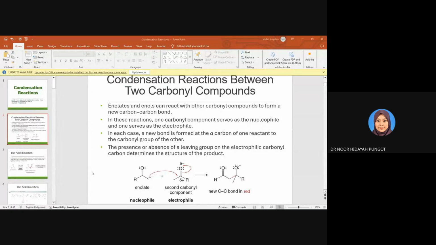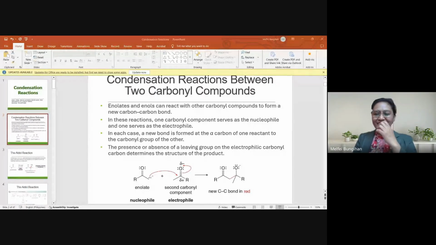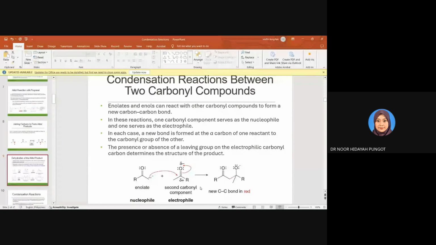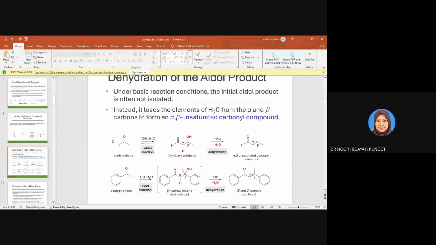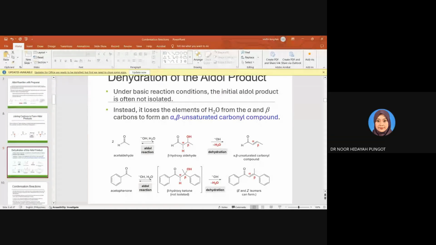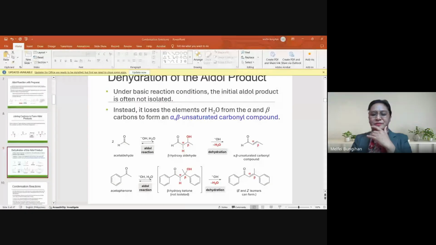Your slide is not moving. What slide is it, doctor? This is slide two. Slide 2? I'm already in slide 9. I'm so sorry. Let's move to the next slide. If I do the slideshow, Google Meet cannot.